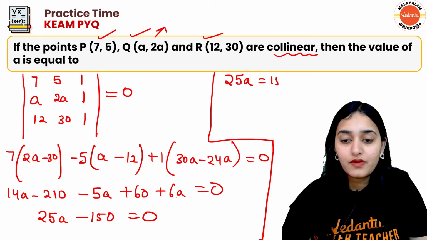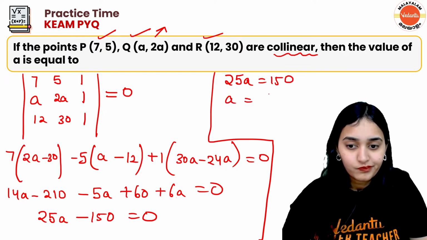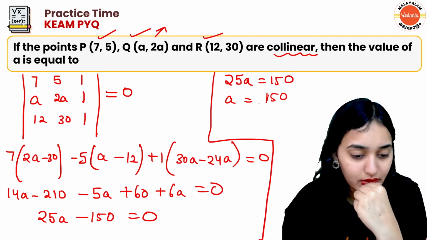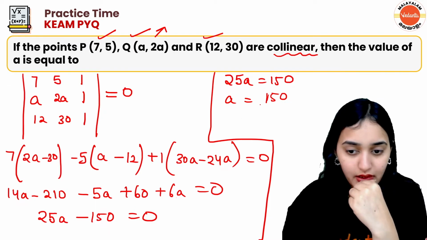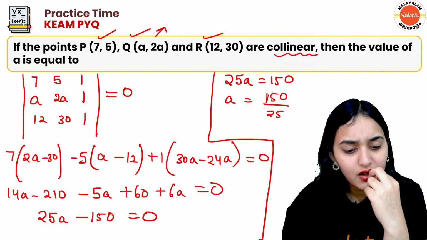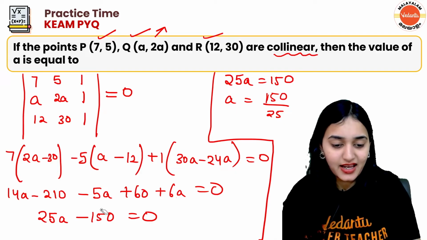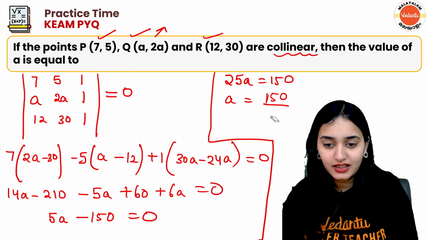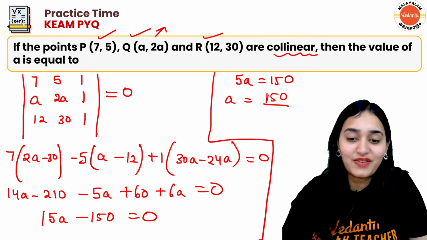Sorry, we are getting 15 here, not 25. 20 minus 5 is 15.